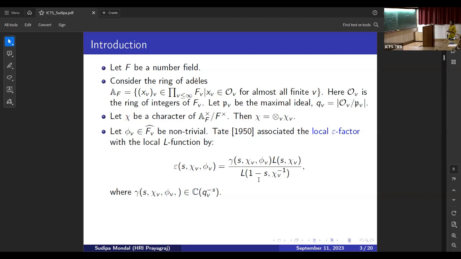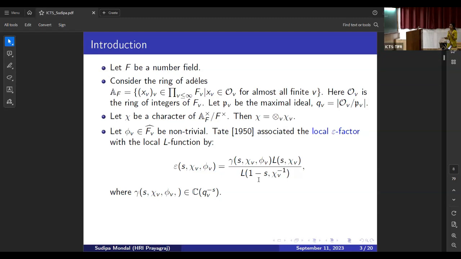Now, by definition, L(s, chi_v) is 1 over 1 minus chi_v at the uniformizer times q_v to the power minus s if chi_v is unramified. And if chi_v is ramified, then this is 1.